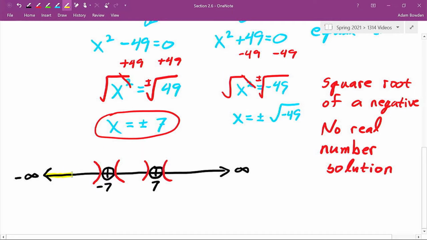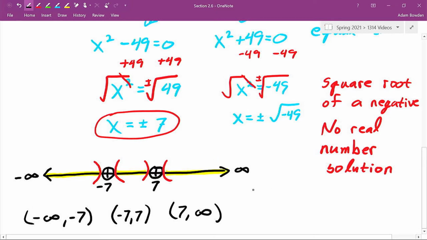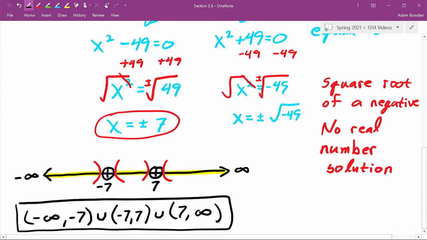So everything from negative infinity up to negative 7, also from negative 7 to 7 in parentheses, and then from 7 on to infinity. When we list out the intervals together to state the domain, we put a little U symbol, which is the union. And so all together, these make up the domain intervals of the function.